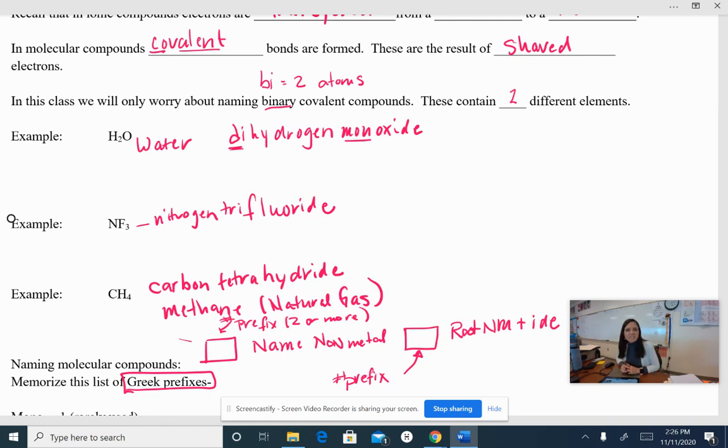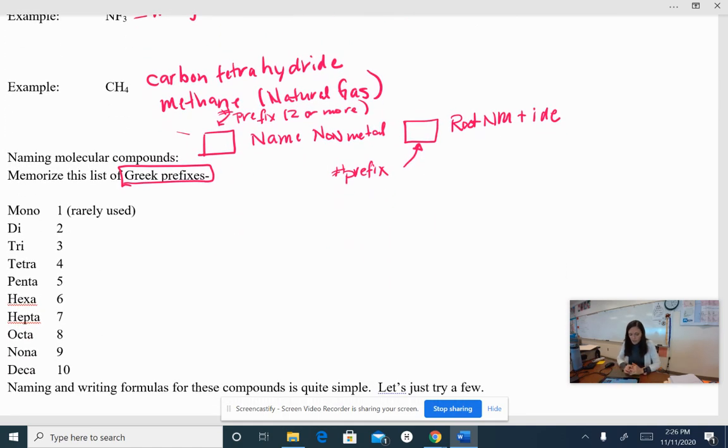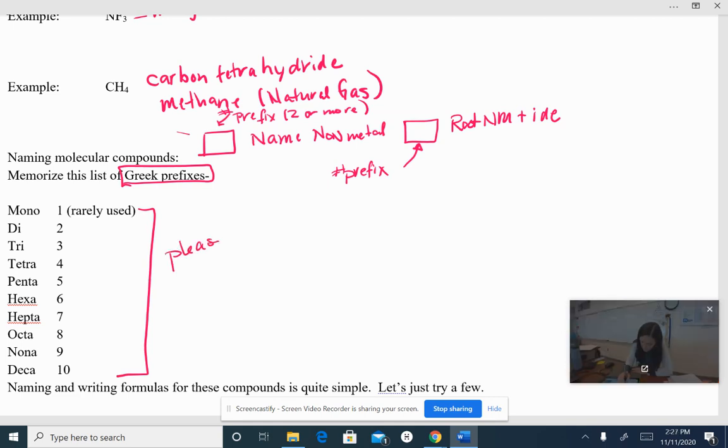These Greek prefixes tell us the amount of atoms that we have of both of these nonmetals. So let's look at these Greek prefixes. You are going to need to memorize these, so please memorize these.